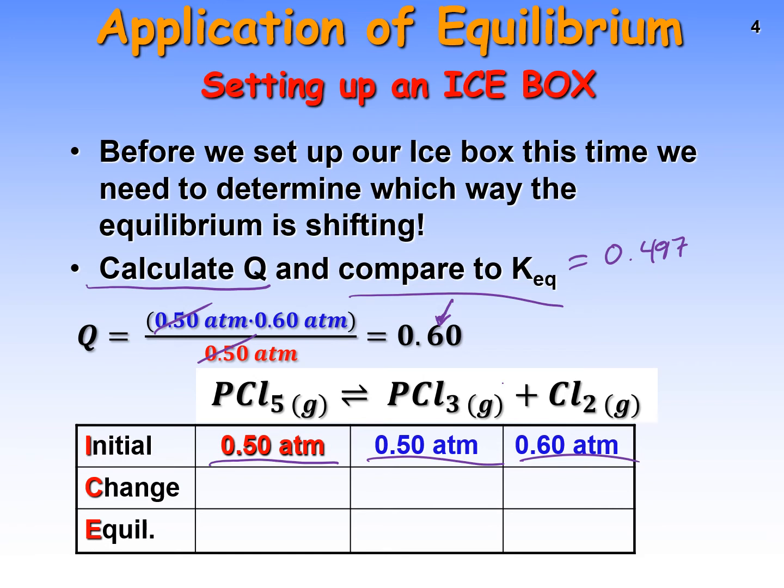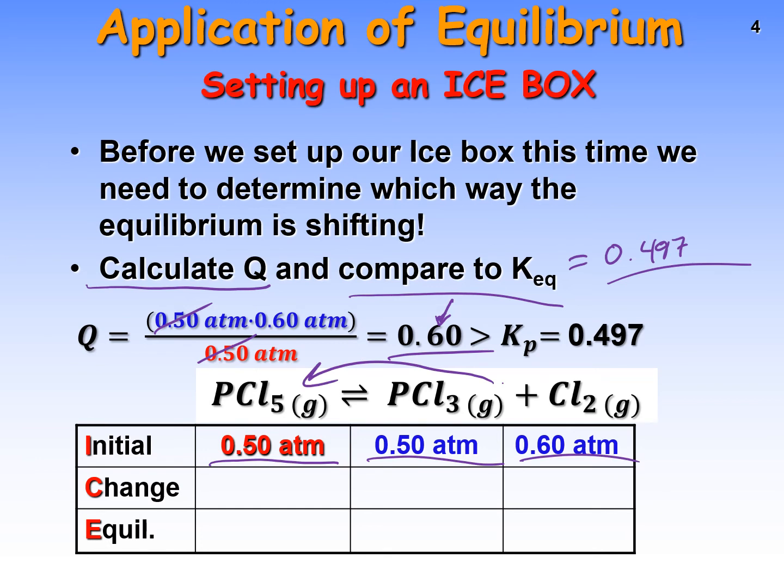Now, we need to compare Q to K and see which way it is, right? If they're equal, then we're at equilibrium, and these are equilibrium concentrations or pressures. If Q is less than K, then the reaction is going to shift towards the products. If Q is greater than K, as is the case here, then the reaction is actually shifting towards the reactants.